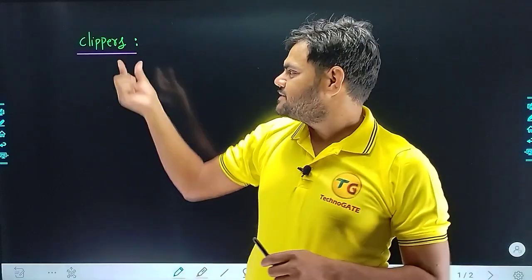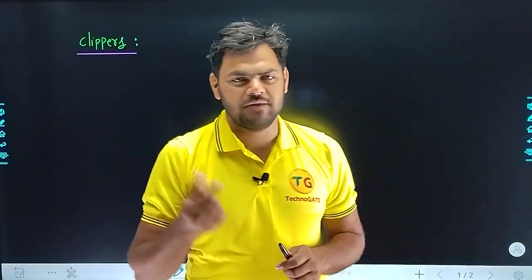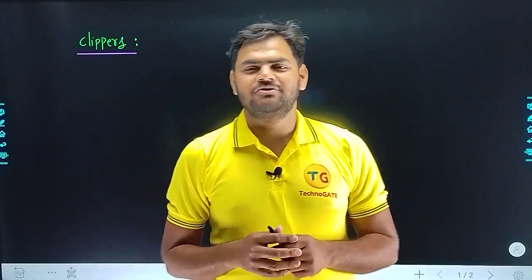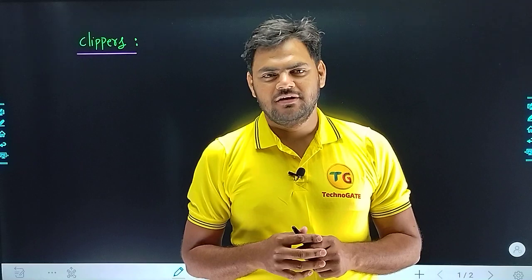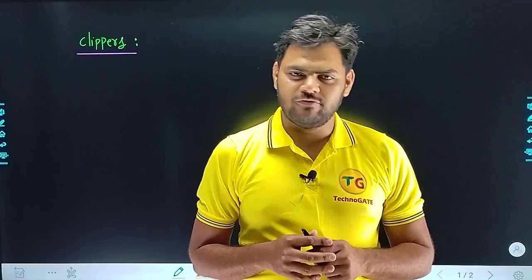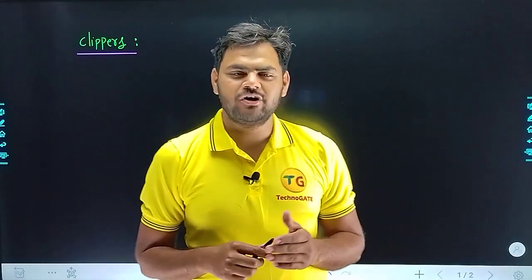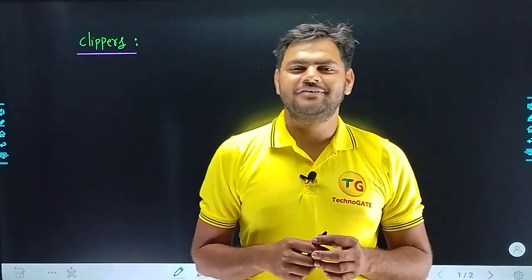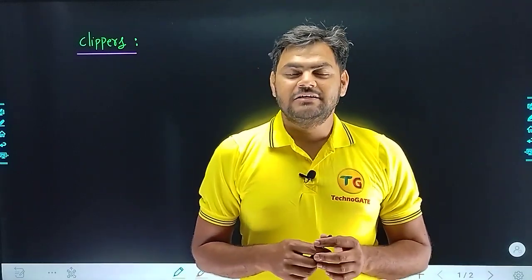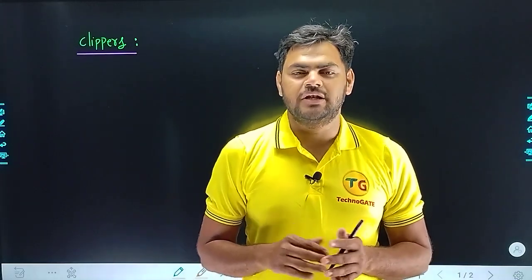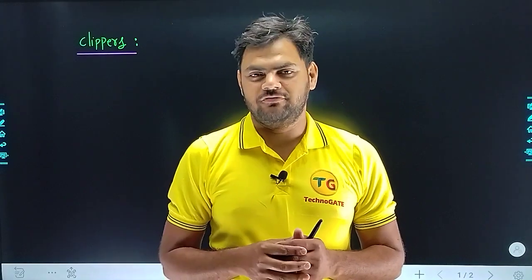Clippers, as the name suggests, clip something, which gets removed or cut. A circuit which can remove or cut an undesired portion of a waveform, or we say a circuit which can cut or remove an unwanted portion of a waveform, is called a clipper. Basically, clippers are used to limit the amplitude of the waveform.